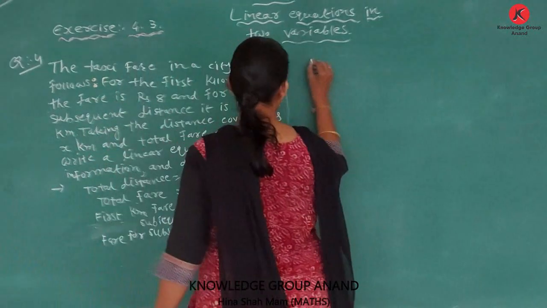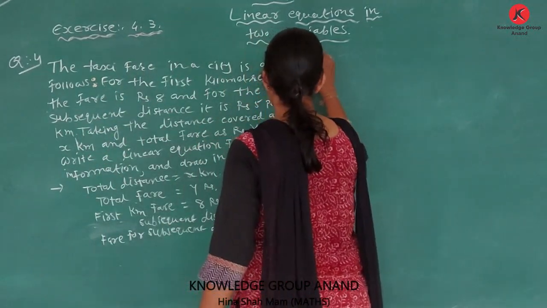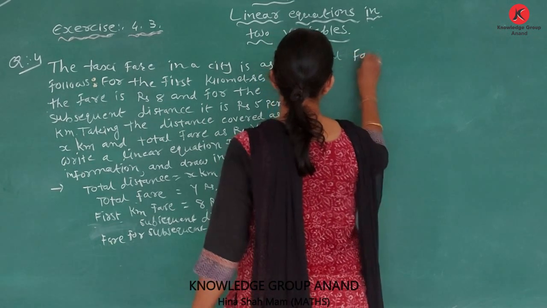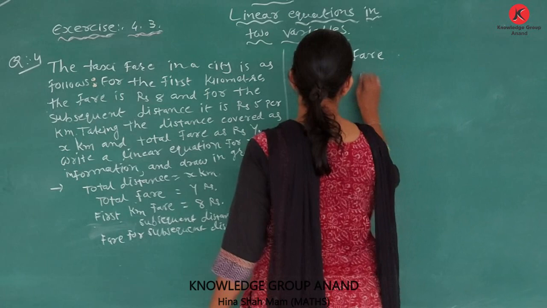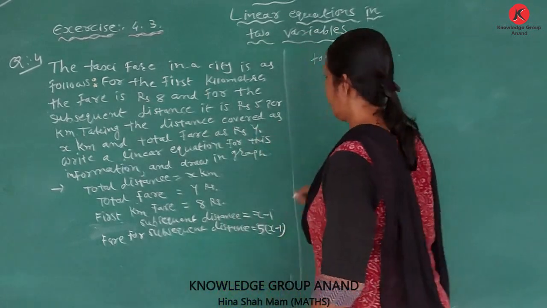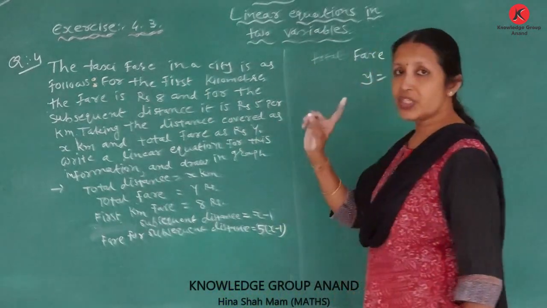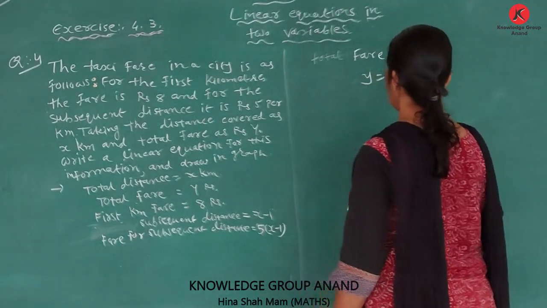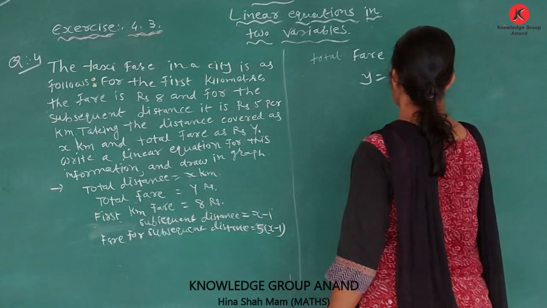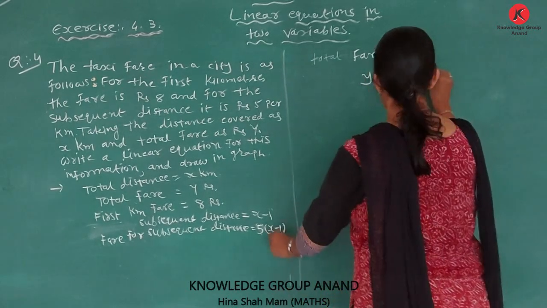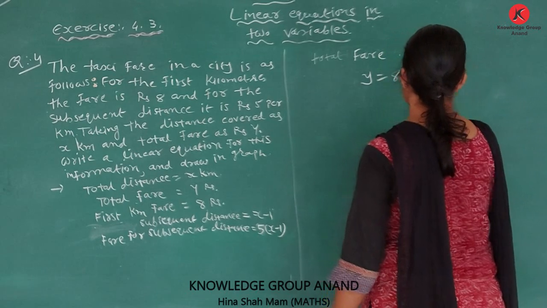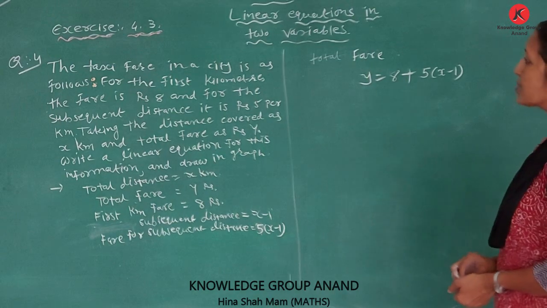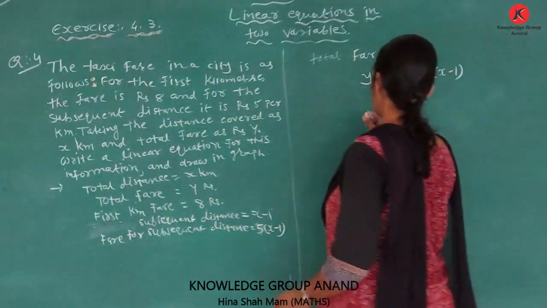Total fare is equal to y. So y is equal to 8 plus 5 into x minus 1.